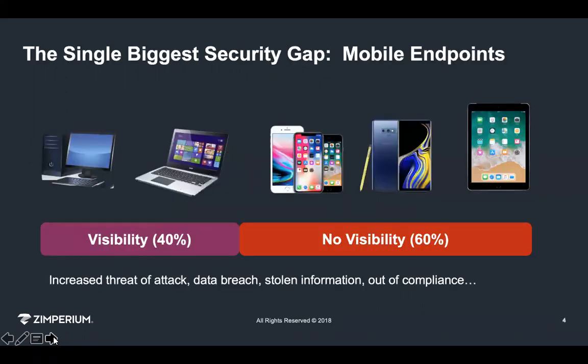From a CISO standpoint, the traditional endpoints represent about 40% of the endpoints in a typical enterprise today. That 40%, where we've spent all our time, energy and focus, we have visibility into. Mobile devices equal 60% of the devices accessing corporate data, corporate email and everything else, and we have no visibility into them today as a typical rule.